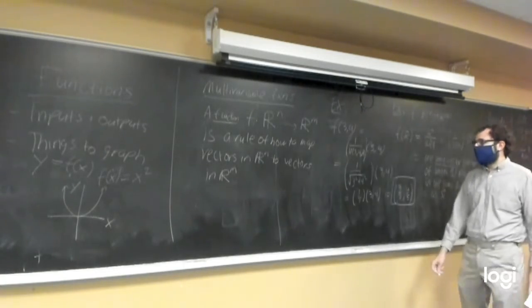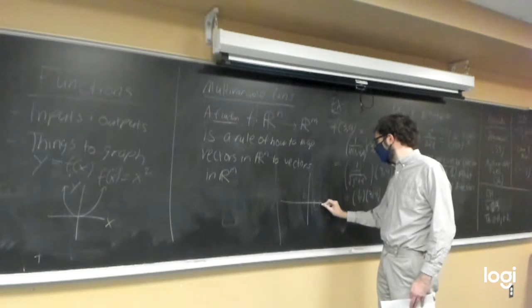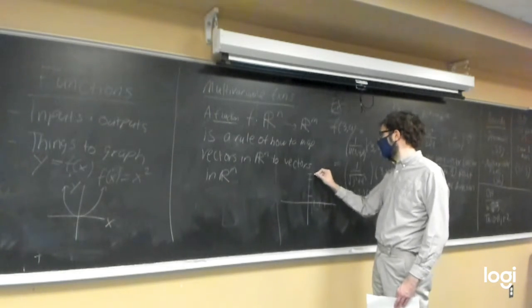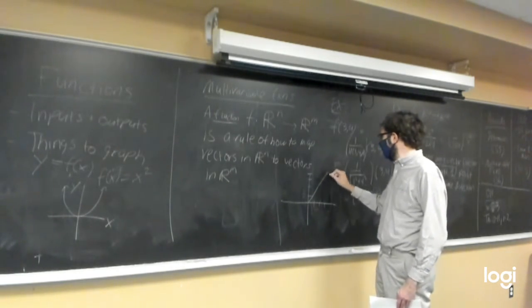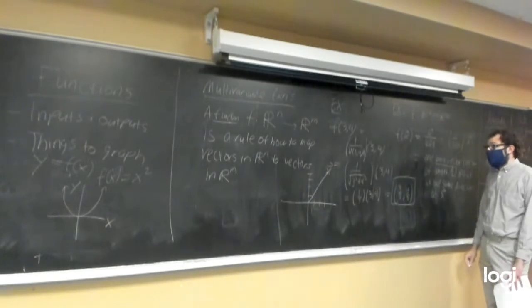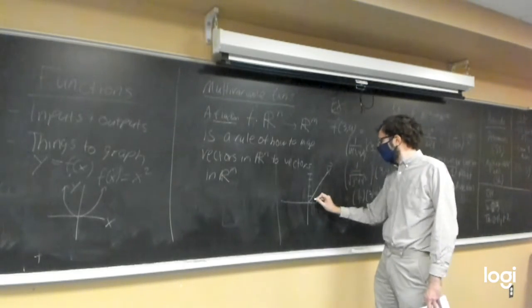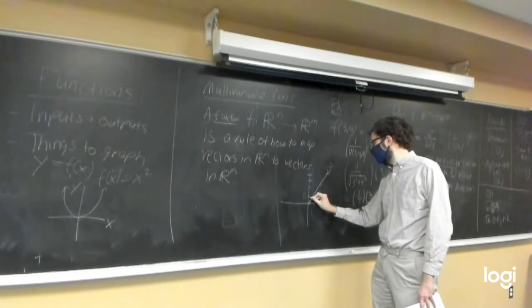So in other words, what our function did was take in the vector (3, 4). If this was our vector v, then our vector f of v was going to look like this.